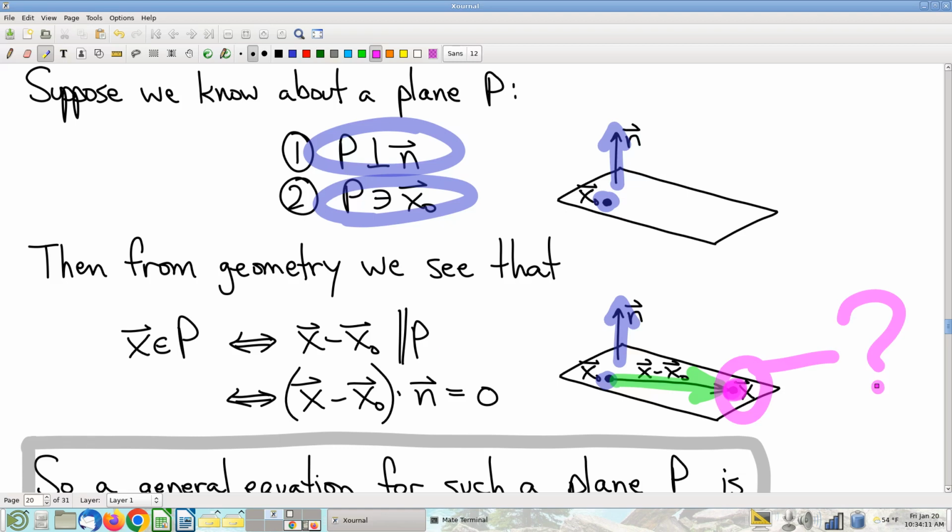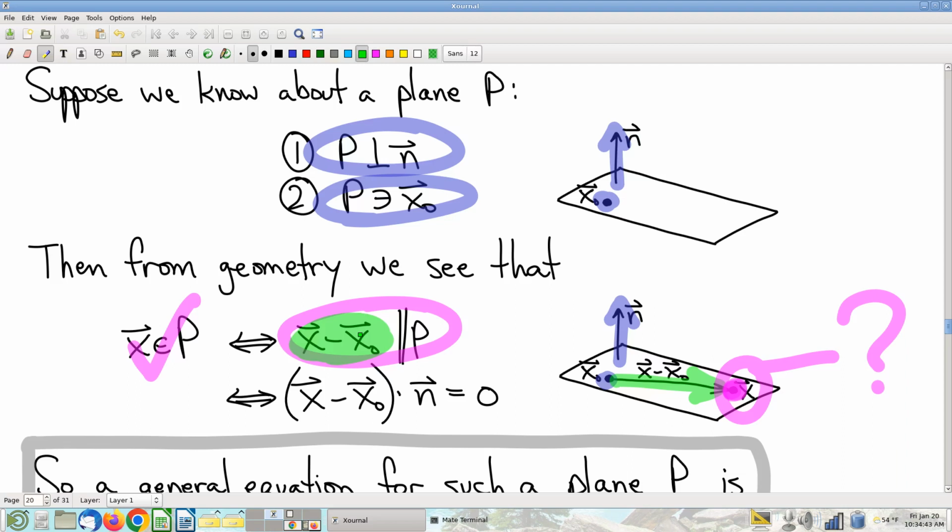And so the observation goes like this. If, as I have here, the point x is in the plane, now I appeal to the picture, we were given that x naught is in the plane. I got 2 points in the plane. When I subtract them, that difference would need to be parallel to the plane. So this difference vector is parallel to the plane. So that's a test.